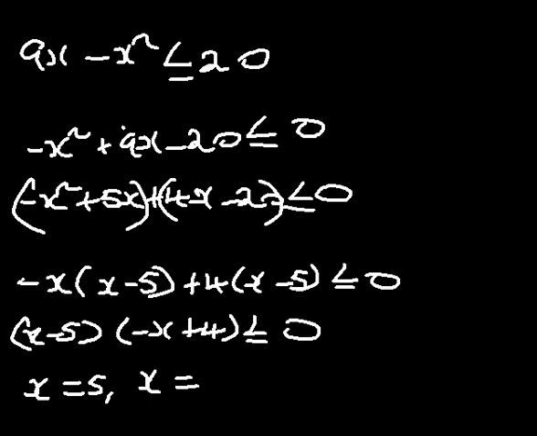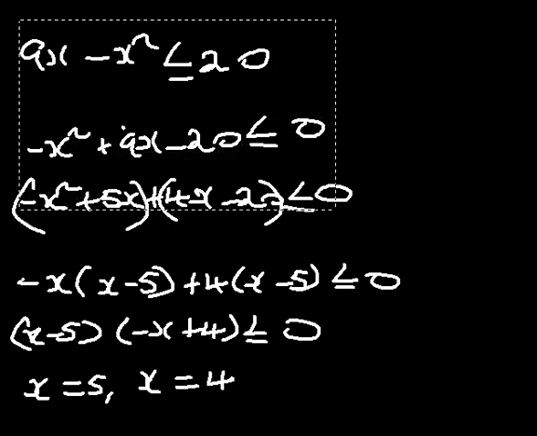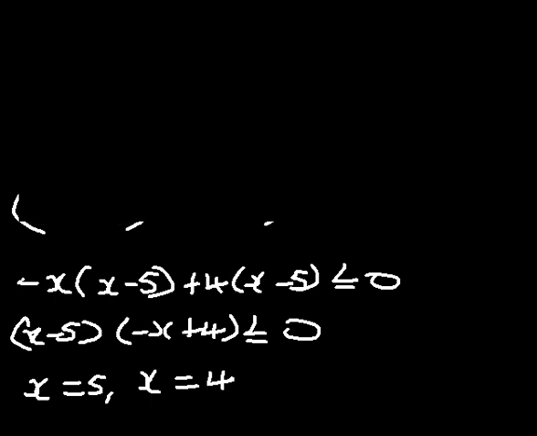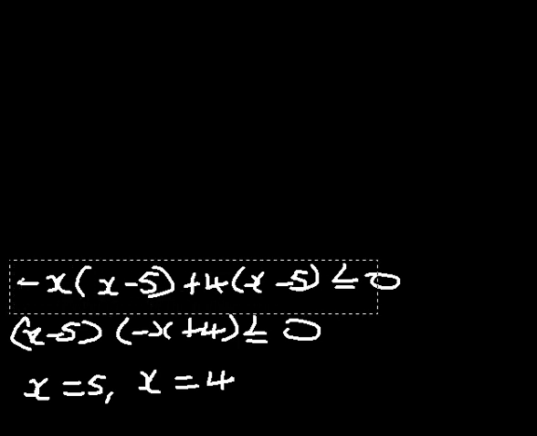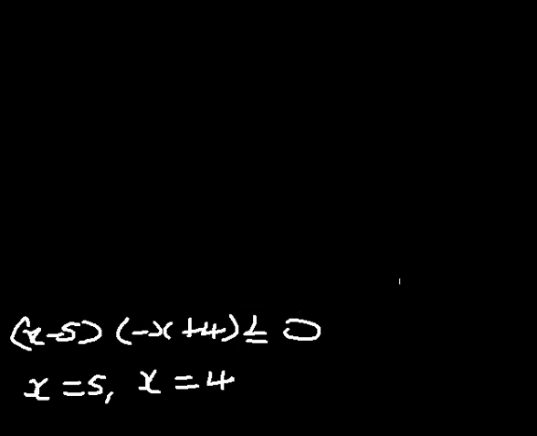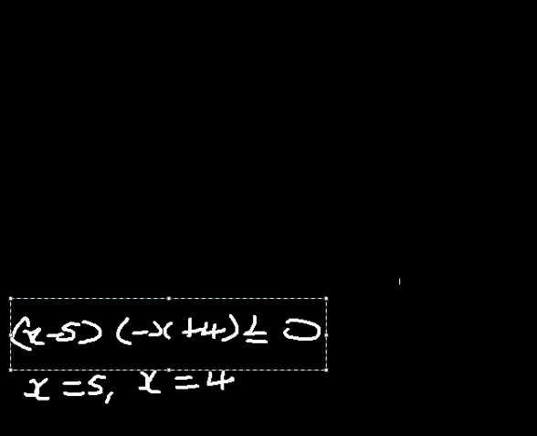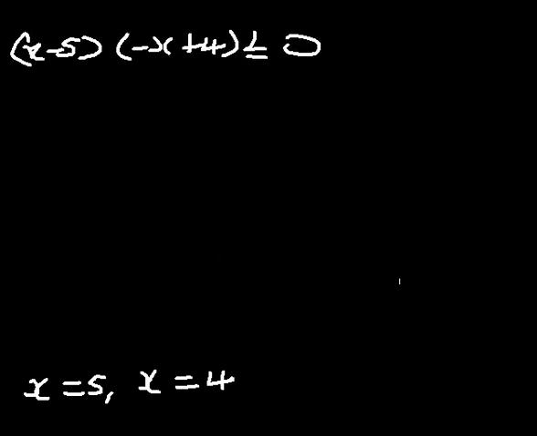Then you have to present those values on the number line, and that you have the set of the intervals there. And of course you should keep this, that we will use when we'll be substituting the testing number.